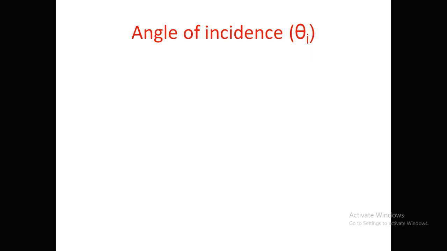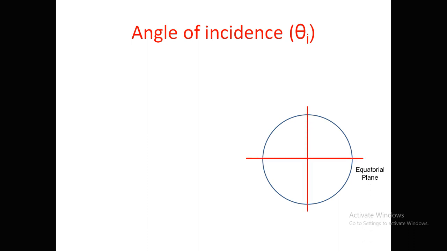Now we need to study the angle of incidence, theta i. So what is meant by this? This is our mother earth, and this is my equatorial plane. I have considered a point P on the surface of the earth and joined that point with the center of the earth. The angle is obviously phi, the angle of latitude.